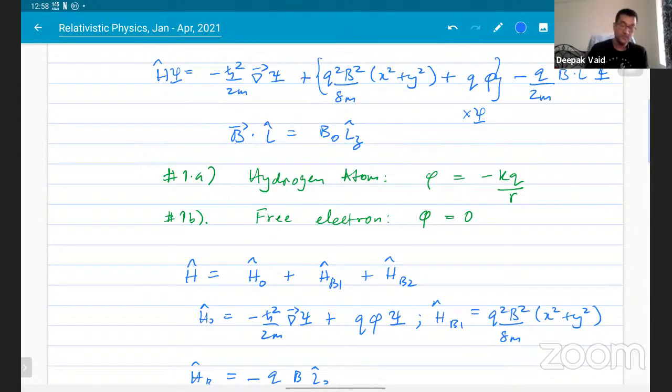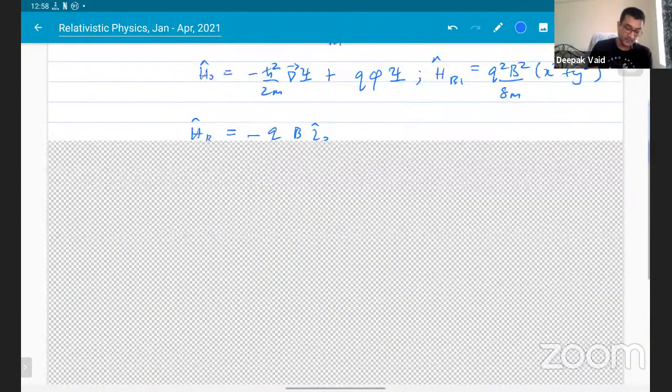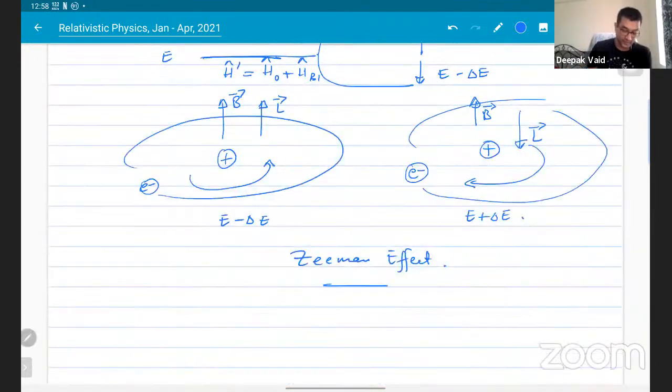So this is a very general sort of procedure, that you can write some Hamiltonian, any Hamiltonian, as something like this, let's say, and so on, where H1 is one set of operators, H2 is another set of operators.